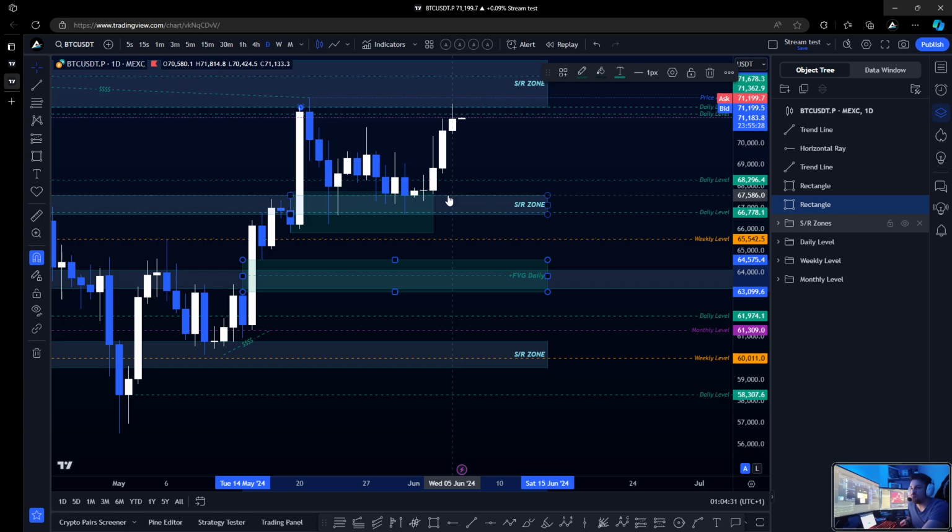But if it fails, take some profit out here, because if this fails and these lows then become targets, are we supposed to expect that this will hold price? Not exactly, right? So if this fails, we will come for the daily gap.